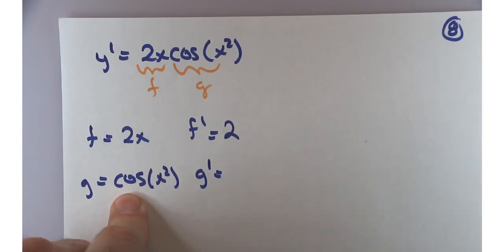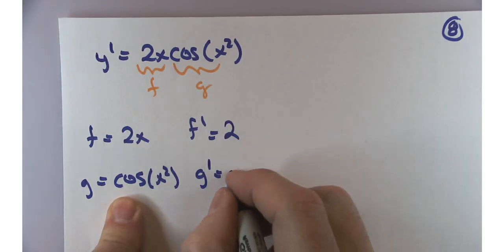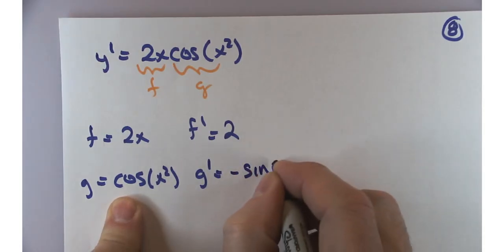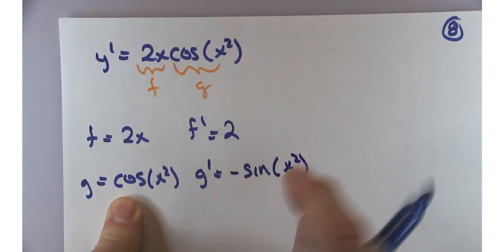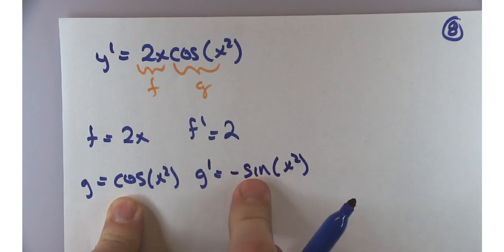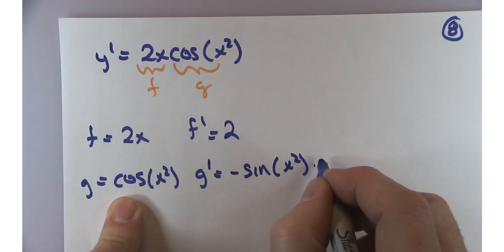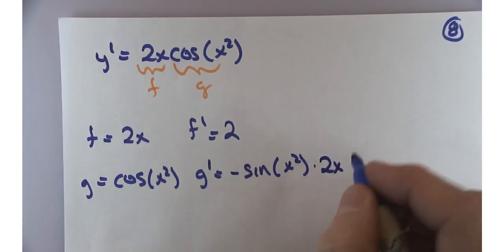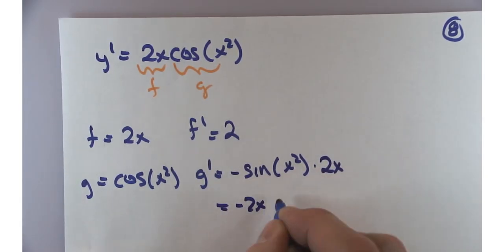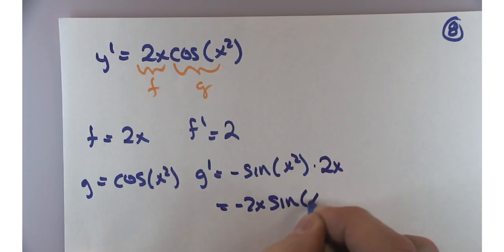So we need to start with the derivative of the outside. Negative sine. Nice. Derivative of the outside is negative sine of x squared. So the derivative of the outside at the inside times the derivative of the inside: 2x. Or if I clean that up, negative 2x sine of x squared.